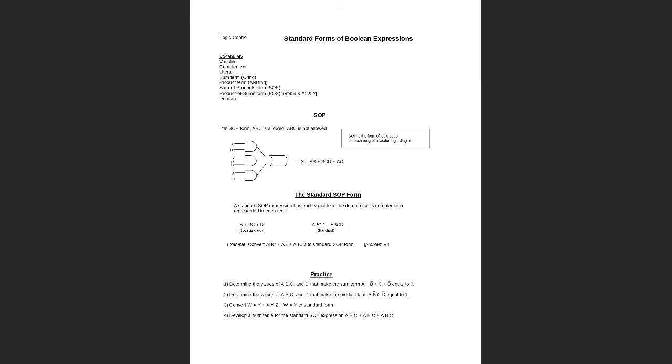The sum terms always evaluate, by definition, to 0, and the product terms, by definition, evaluate to 1. So what I want you to do for these first two problems is give me the value of A, B, and C to make each of these true. I'll give you about a couple minutes to do that, and then we'll talk about it.